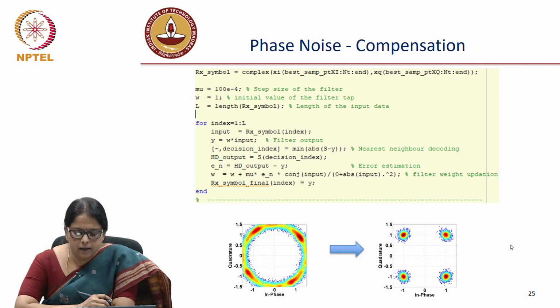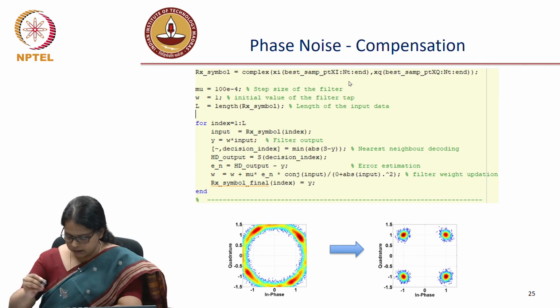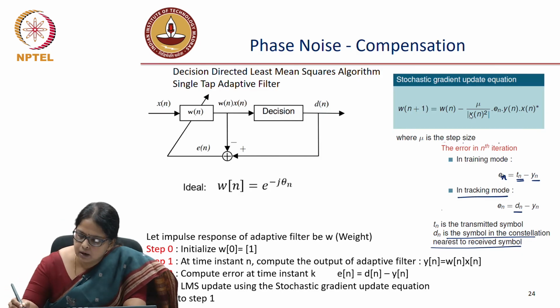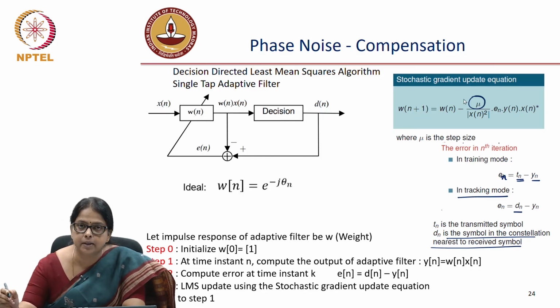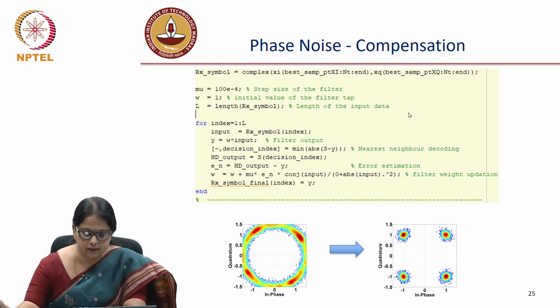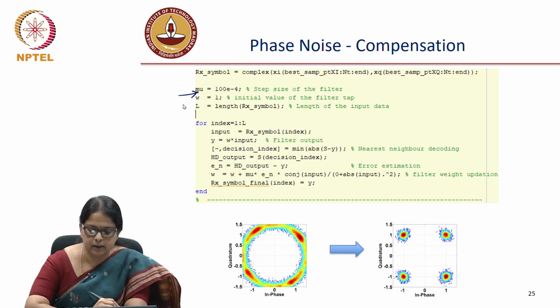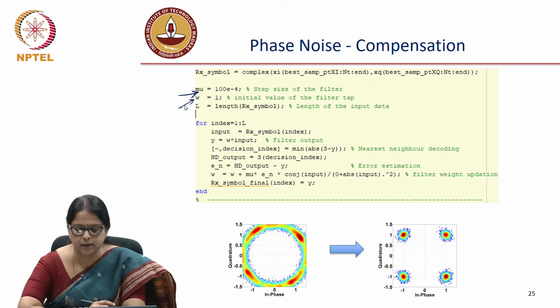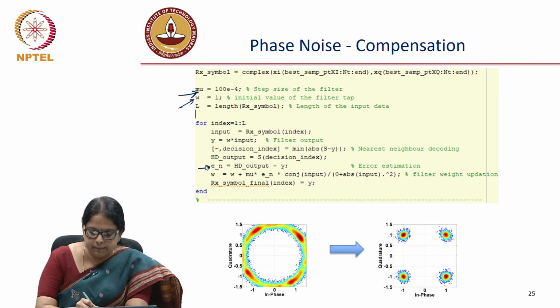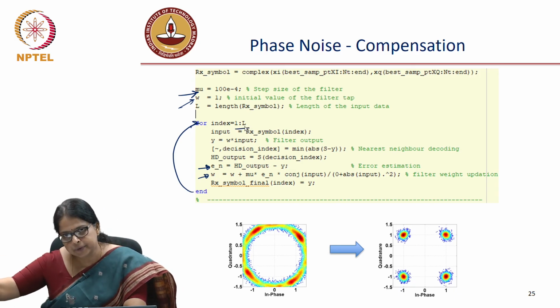So, the MATLAB implementation is what is shown here. You have some parameters called the step size of the filter, which is characteristic of any adaptive filter, and of course, the weight of the filter. The step size is chosen to be this, the initial value of the weight is chosen to be 1, and every time you compute the error and you update your weight and you keep repeating this until you reach the end of the symbols.